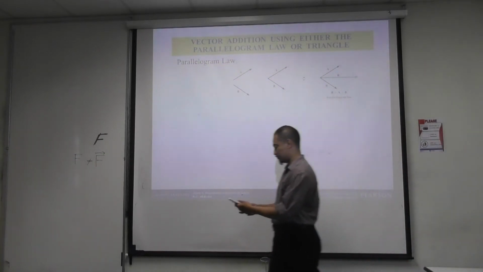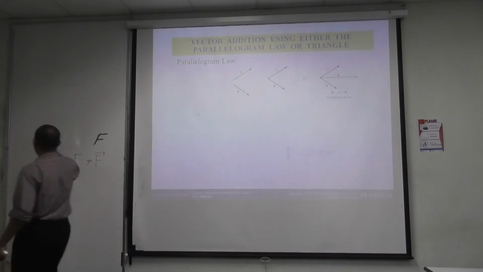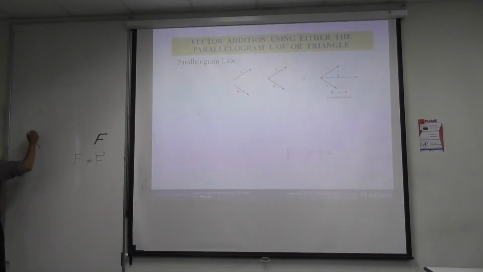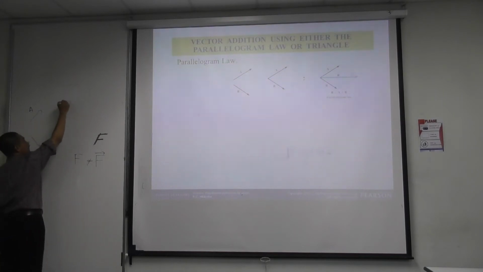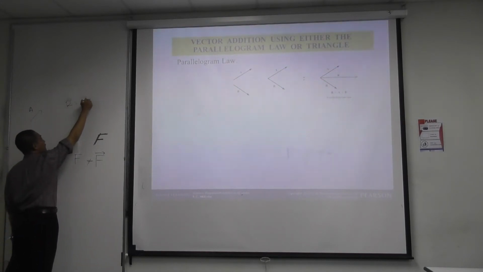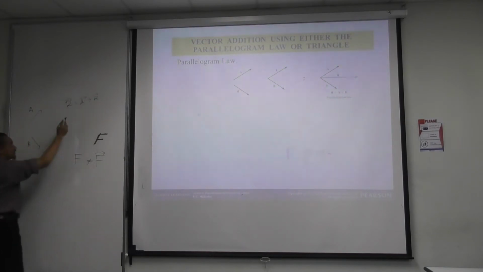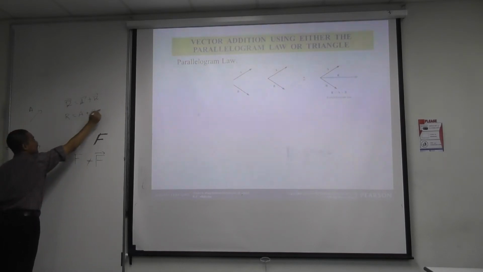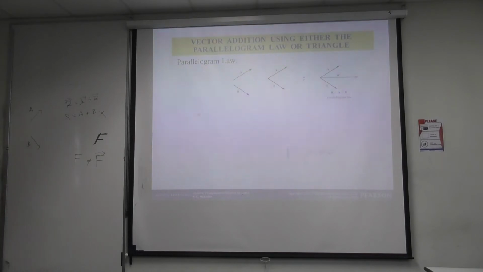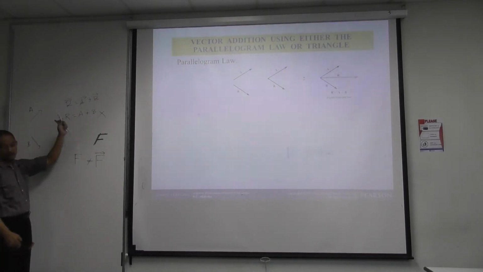Right? Basically, if you have two vectors, let's say vector A and vector B, and R is A plus B. Now notice that if you write it like this, it is wrong. You understand why, right? Because when you add the vectors, it's correct, but when you add the magnitudes, it becomes something else.